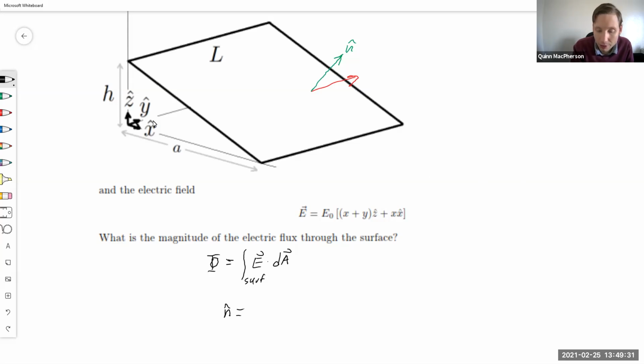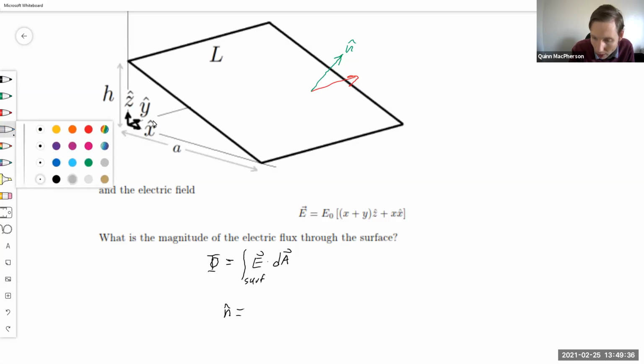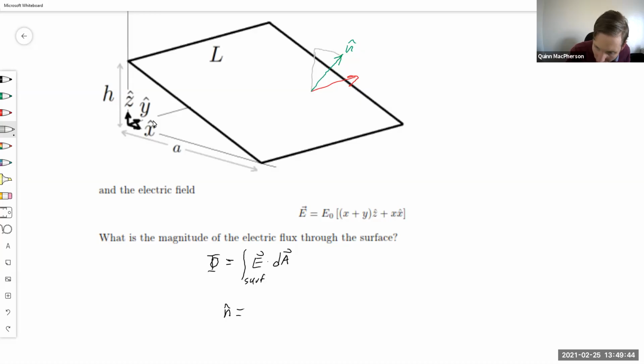And you can think of this triangle, or let's draw a line going directly in the z direction, and this over here. That triangle is similar to this triangle here. They both have angle theta here. So we can write n hat as basically the portion that's in the z direction is like the A, and the H is like the portion that's in the x direction.